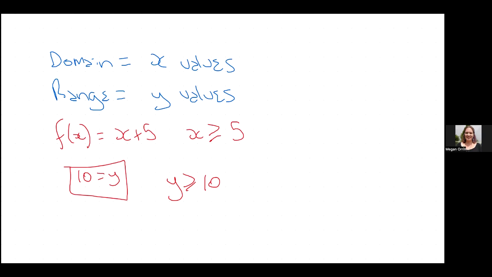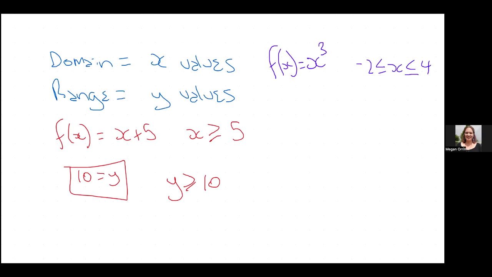Okay, what if I give you different domain restrictions? Let's give you a start and a finish. Actually, let's do a different graph. Let's do x cubed. The function of x is x cubed, and I'm going to give you a start and a finish. We're going to go between -2 and 4. I need to figure out what my range is at this end.